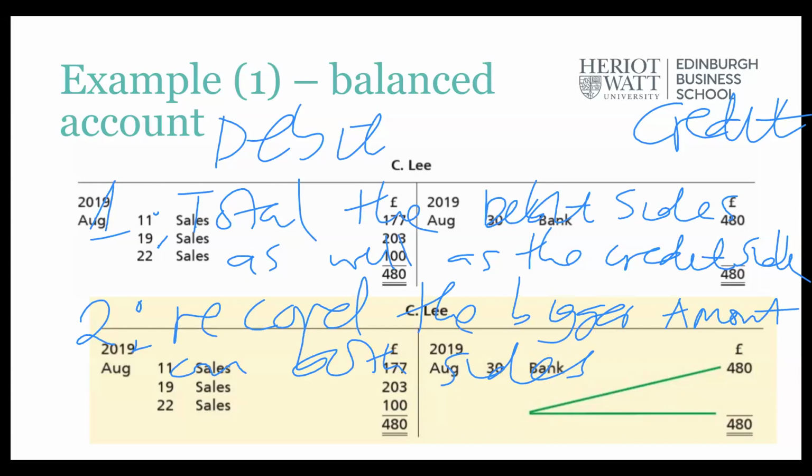Like the bigger amount should be credited and the bigger amount should be debited. Exactly. The bigger amount to be credited and the bigger amount to be debited.